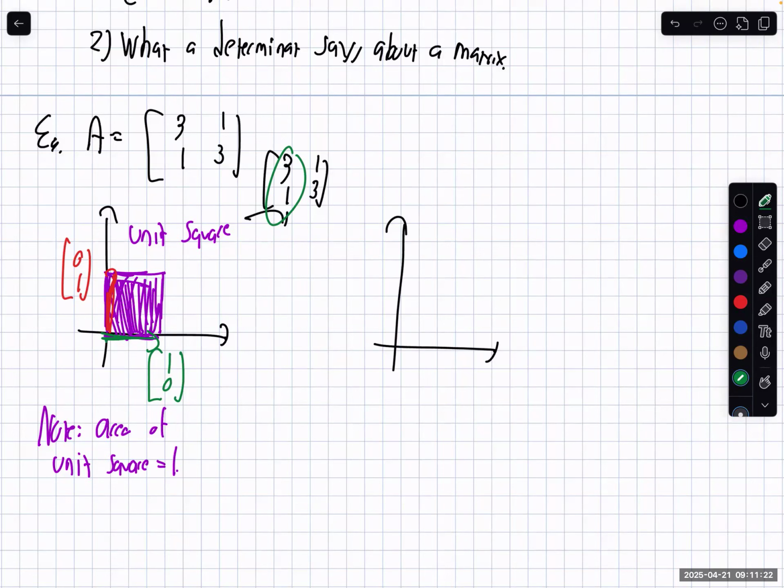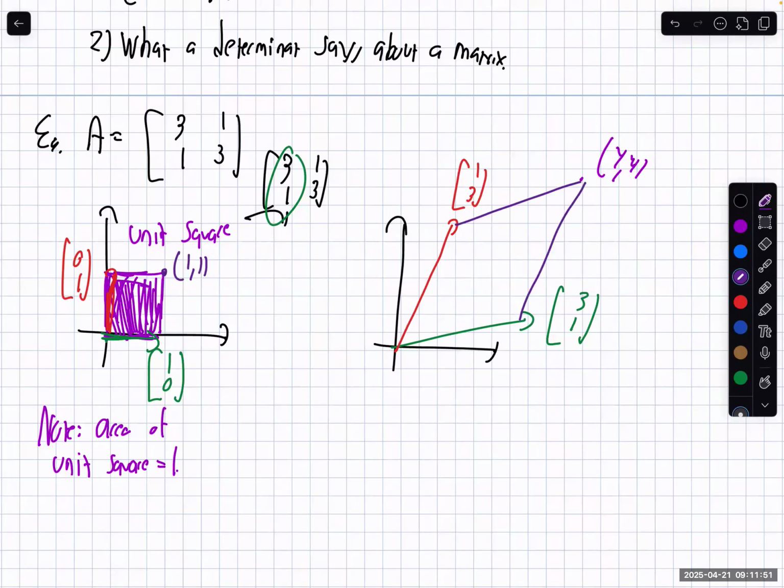And then similarly, (0, 1) gets mapped to (1, 3). And while I'm at it, I'll just think of it as a point here, (1, 1) gets mapped to (4, 4).